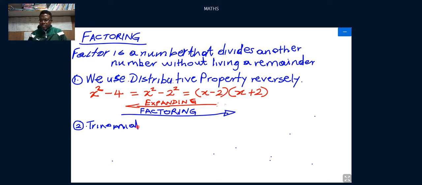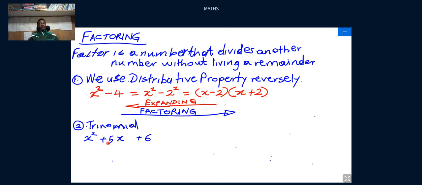A trinomial, what could it be? I'm thinking of x squared minus, okay, let me think, and if I put 6 here, and I put 5 there.